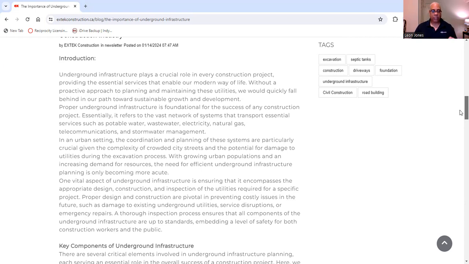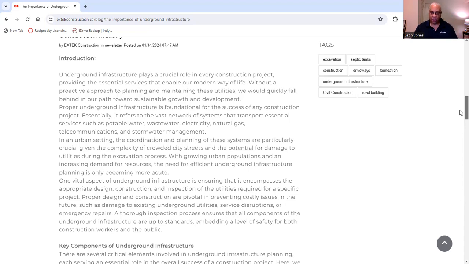Now, one aspect of underground infrastructure is ensuring that it encompasses the appropriate design, construction, and inspection of the utilities required for a specific project. Proper design and construction are pivotal in preventing costly issues in the future, such as damage to the existing underground utilities.